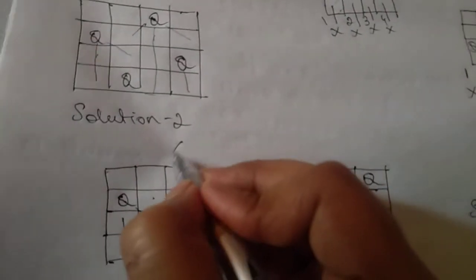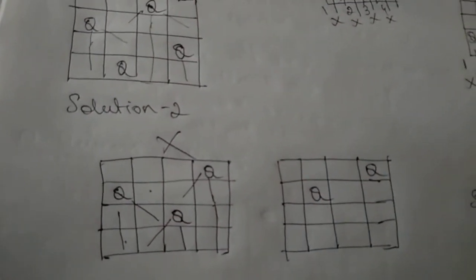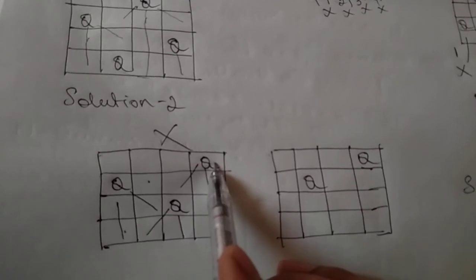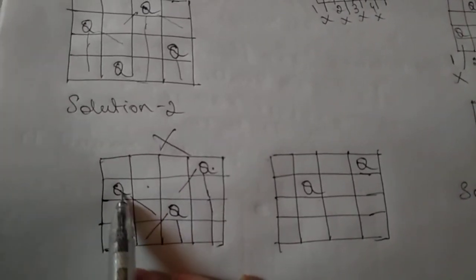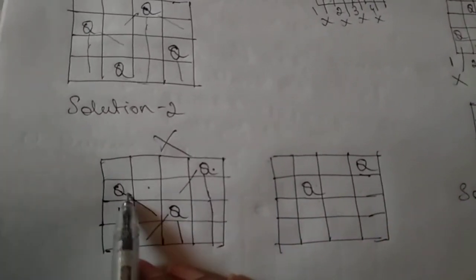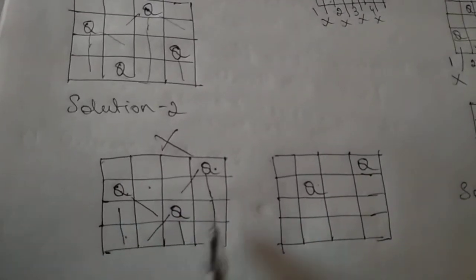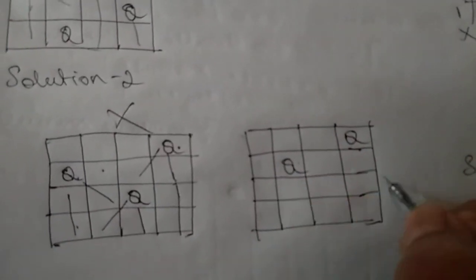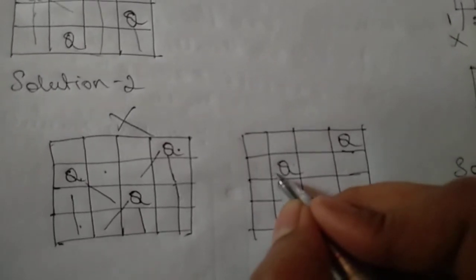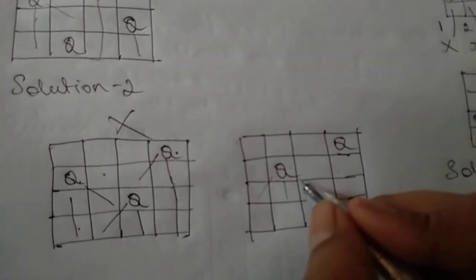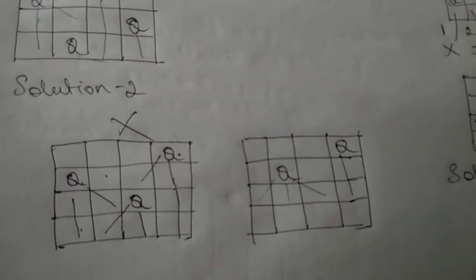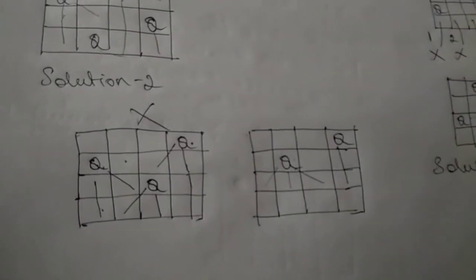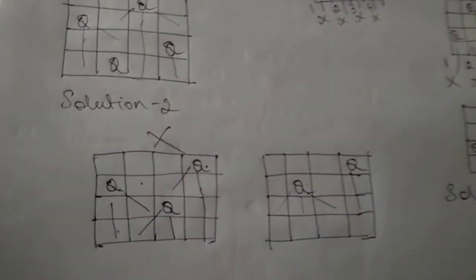So, this is not the solution. If you place Q in the fourth place, then you can place either in first or second. If I place in the first, then you cannot place all the 4 Q's in this one. Let me check with this one. See, in third column, where you can place, here it is not possible, not possible, not possible, not possible. It is not possible. Even this is also not possible.